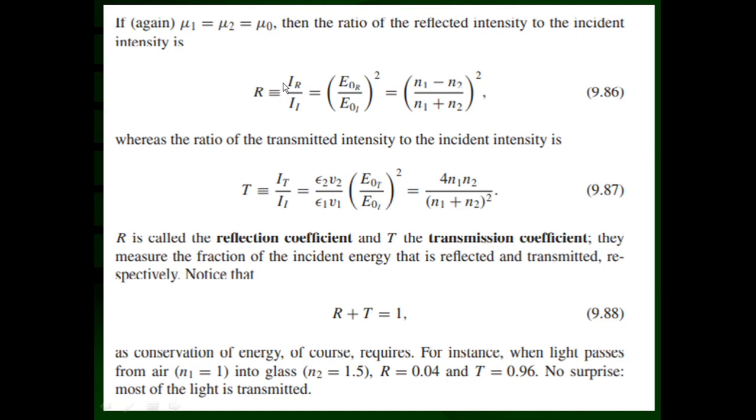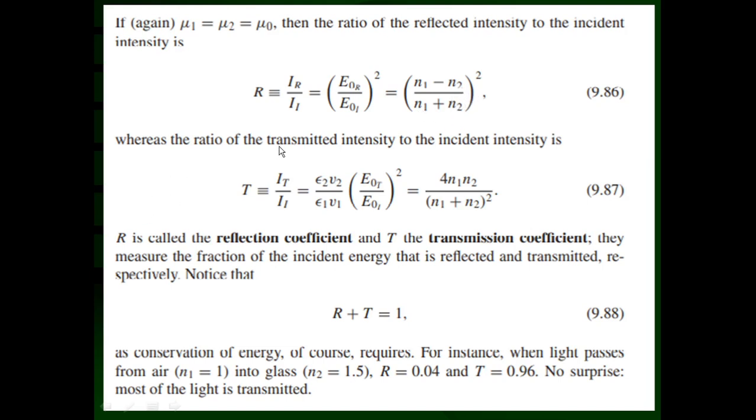So R is equal to the reflected intensity upon the incident intensity, which is E0R upon E0I whole square, the amplitude square, and that is equal to N1 minus N2 upon N1 plus N2 whole square.